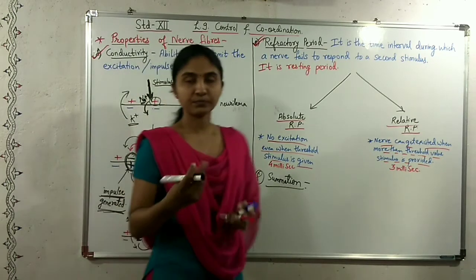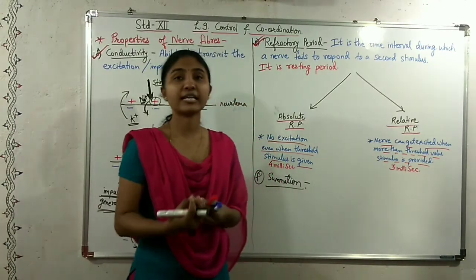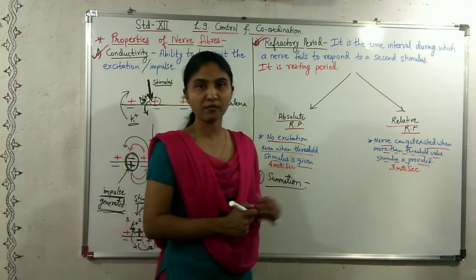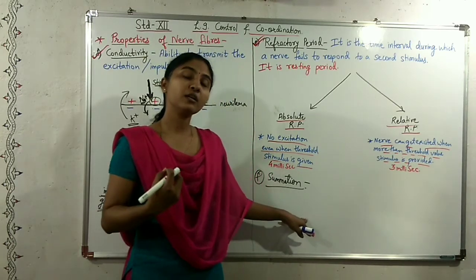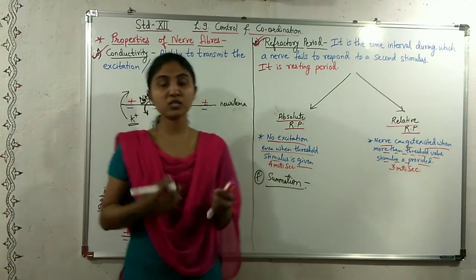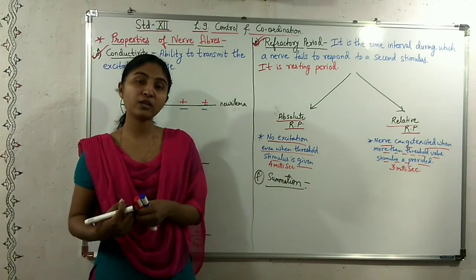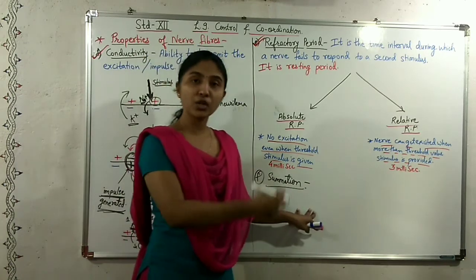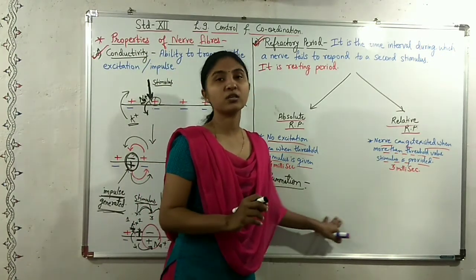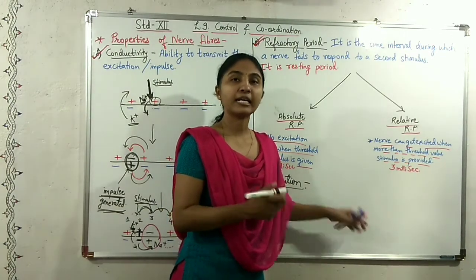We said that the nerve fibers get excited only when we provide a stimulus of threshold value. But even if a low intensity stimulus, lower than the threshold value, is provided continuously for a continuous period of time, the nerve can also get excited.